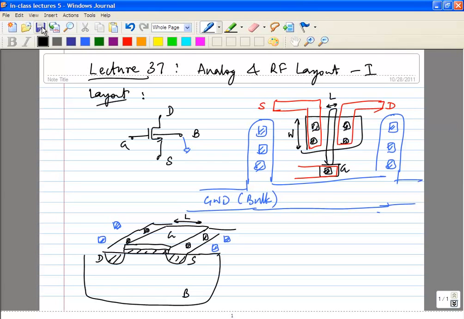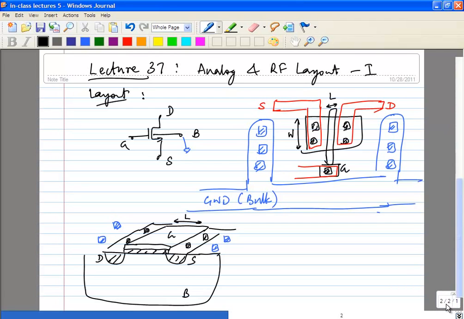Okay, so that's one of the primary reasons why you need to know how to do layout. Okay, and typically if you tape out a chip, you'll definitely learn how to do it, either from your own seniors or from your professor, from whoever. Okay, but you'll typically be expected to know these things.